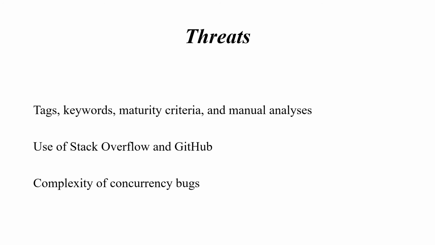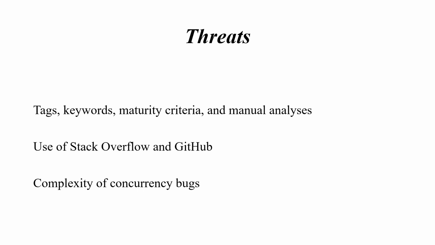Using tags, keywords, maturity criteria, and manual analyses to identify bugs and their characteristics is a threat. To mitigate this threat, we closely follow the best practices of the previous work. Use of Stack Overflow and GitHub to find bugs is another threat. However, the large number of questions and answers in Stack Overflow and projects in GitHub could help mitigate this threat.